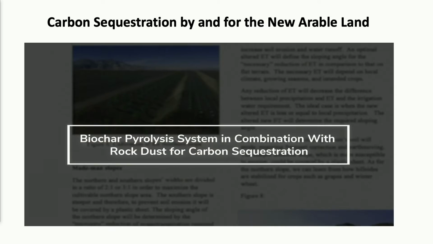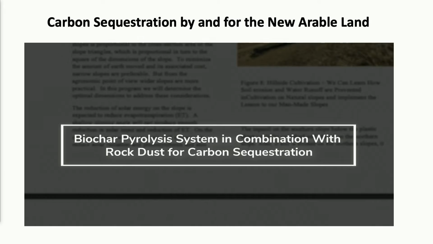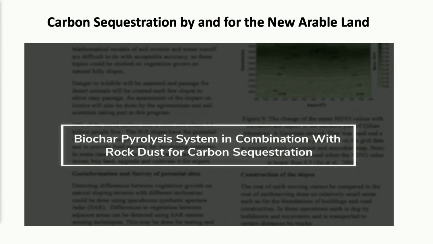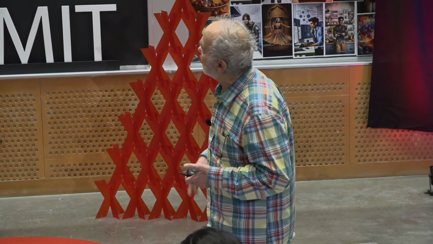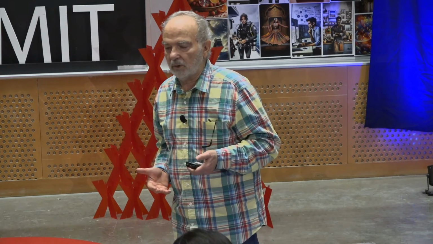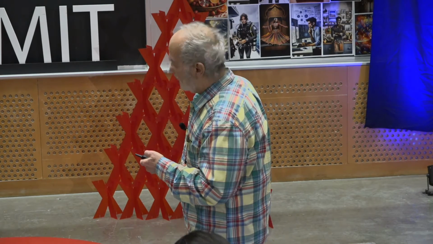On one hand, rock dust can absorb carbon, it's well known. On the other hand, biochar, which is made from biomass, is used to sequester carbon. We have a combination of biochar and rock dust technology, where the waste of one process is used as a productive input to another process, which is an example of what is called industrial ecology or circular economy.